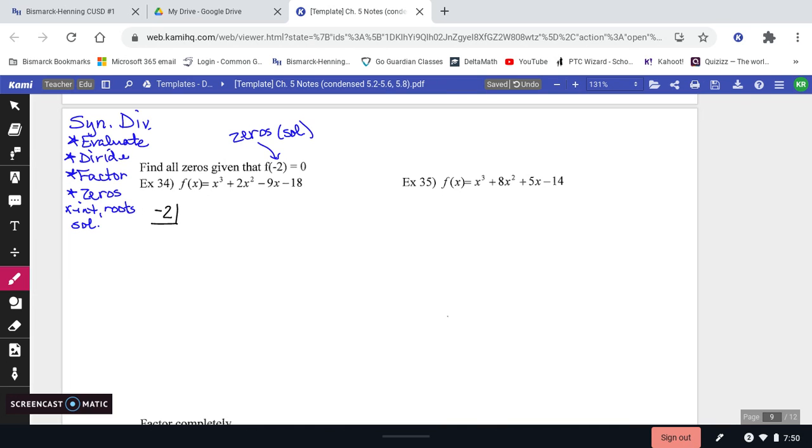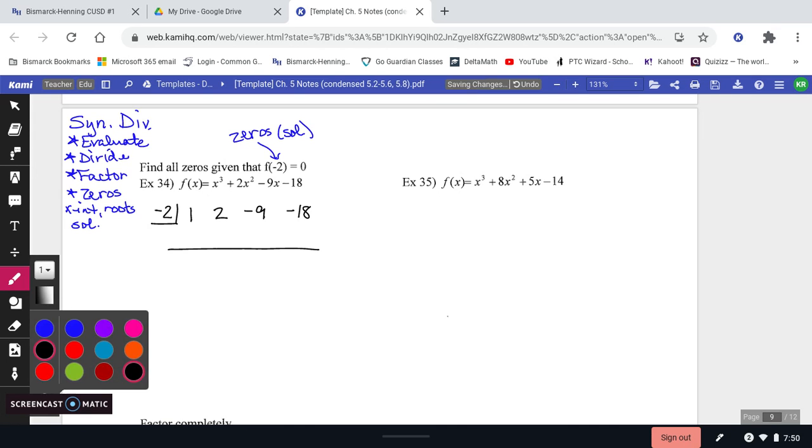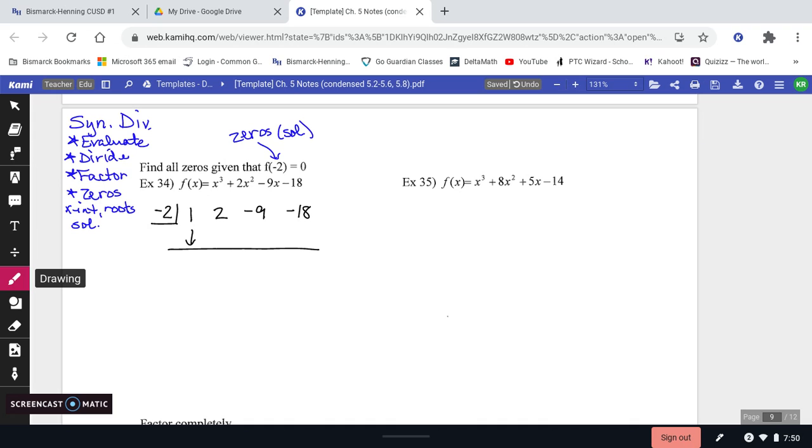So go through your cubic, looking for your coefficients. We would have a 1x cubed, a 2x squared, a negative 9x, and negative 18. We're going to go through our process, bring down that first digit, which is going to be a 1.